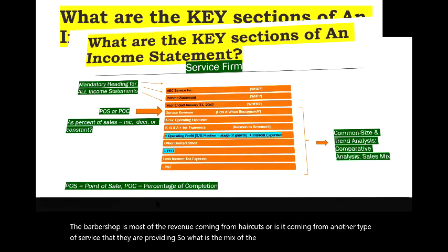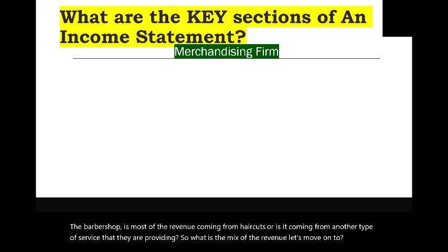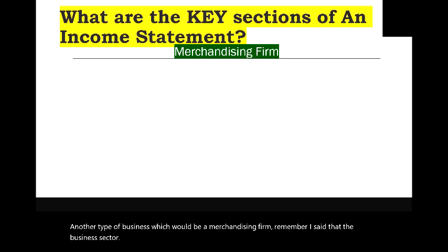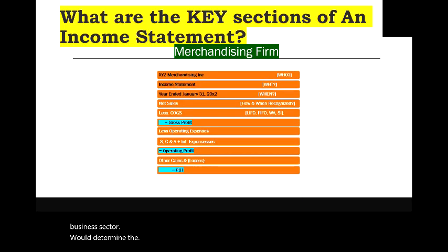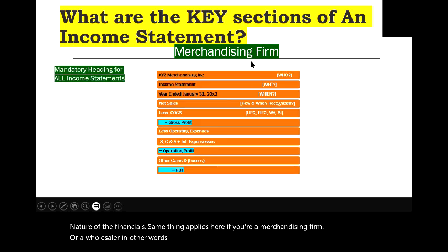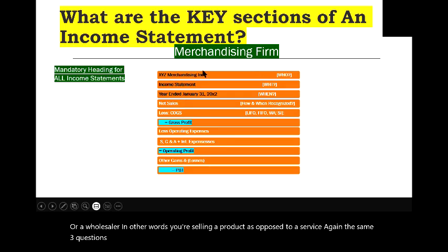Let's move on to another type of business, which would be a merchandising firm. Remember, I said that the business sector would determine the nature of the financials. Well, same thing applies here. If you're a merchandising firm or a wholesaler, in other words, you're selling a product as opposed to a service, again, the same three questions would need to be answered in the title. However, your sales now will be coming from inventory, not from a service.